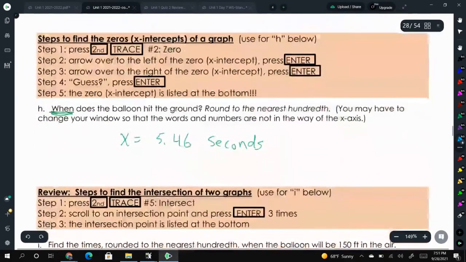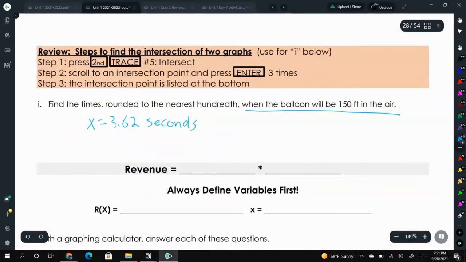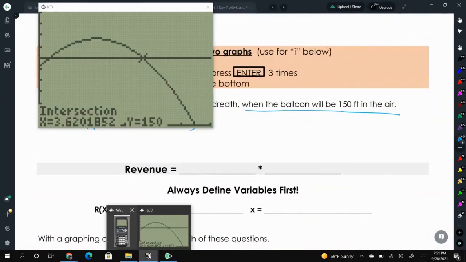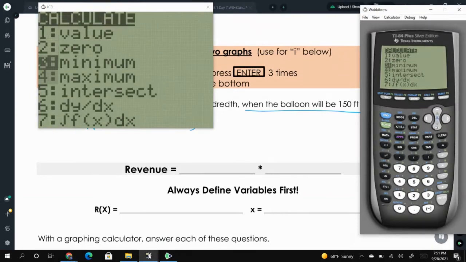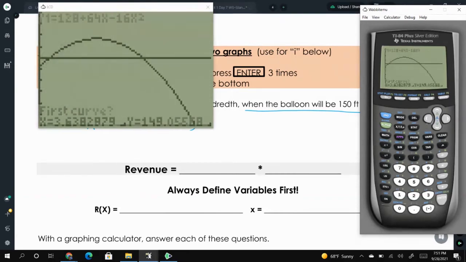You might have noticed that there's a second intersection point. So that means we need to find that second intersection point. So we're going to take our cursor and move over to that second intersection point. And once we get closer, we might be close enough now, but I always say, well, let's make sure we're really close.